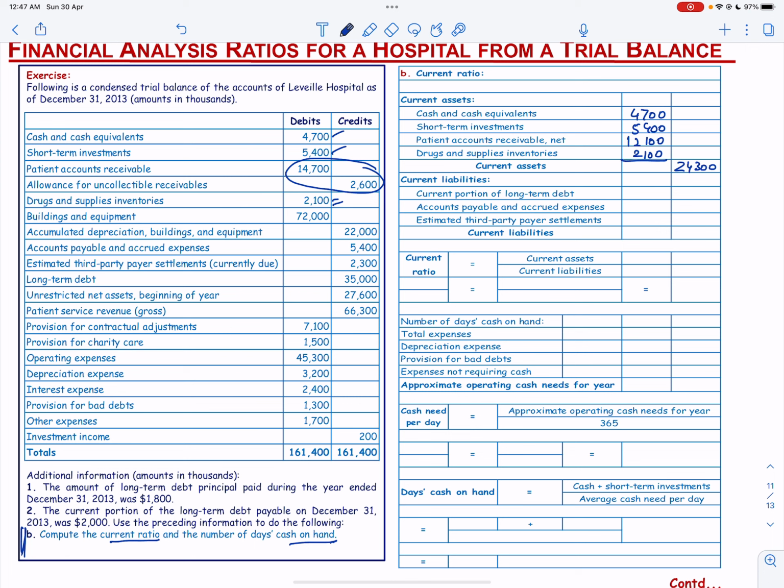Then we calculate the current liabilities.